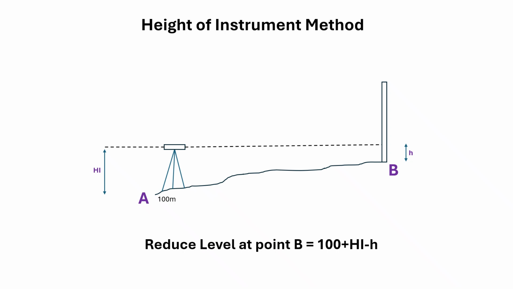We would be reaching the line of collimation, the central line, and from that we would be subtracting the H in order to get the reduced level at point B. So this is how we would be finding the height of any point on any elevated or sloping ground.